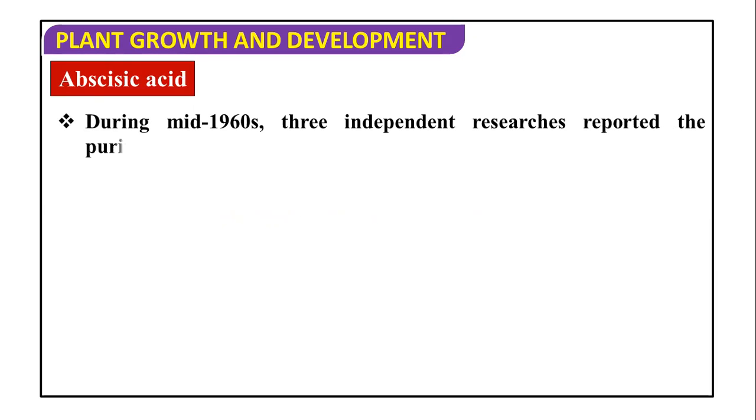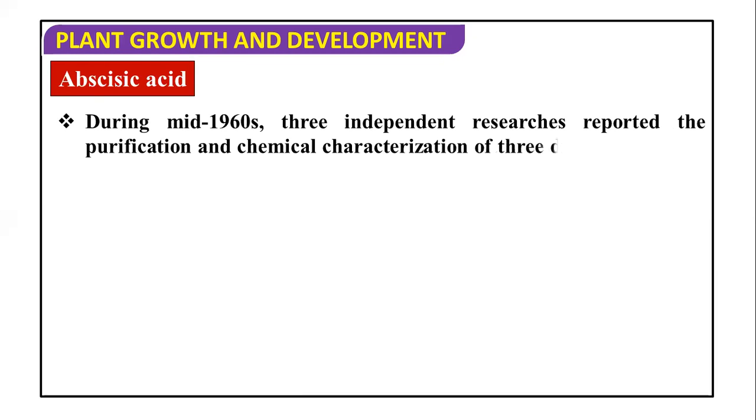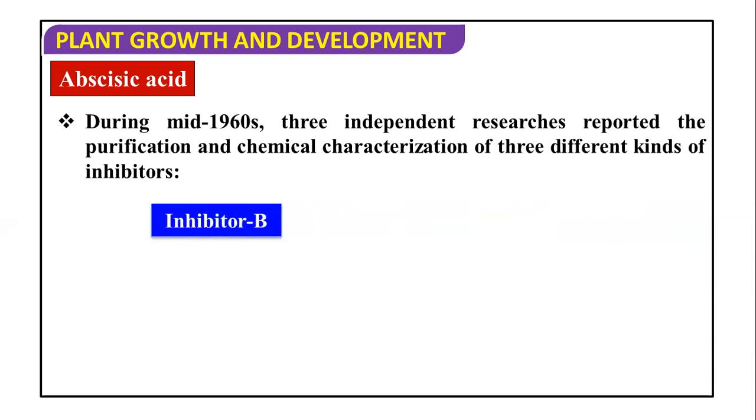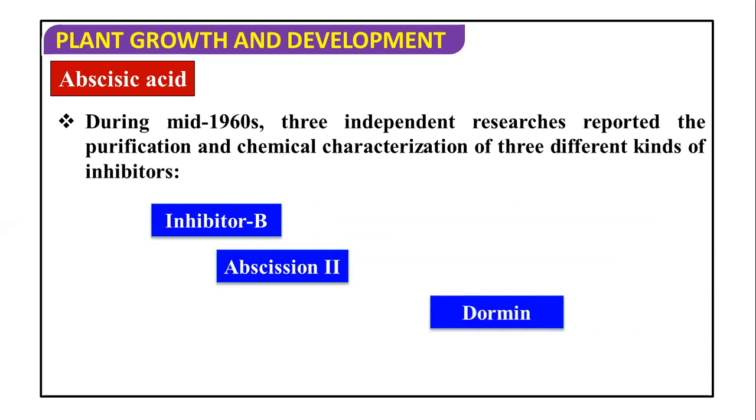Now, abscisic acid: during the mid 1960s, three independent researchers reported the purification and chemical characterization of three different types of inhibitors, known as inhibitor B, or inhibitor beta, then abscisin 2, and dormin.